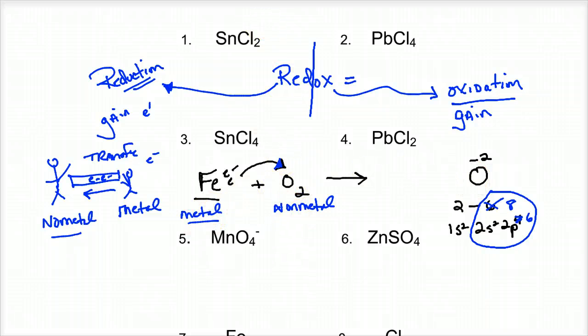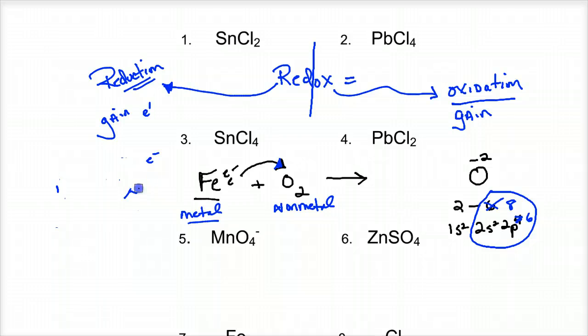But we're going to be more specific in terms of what we call this transfer. We're going to say that the loss of electrons by the metal is called oxidation, and the gaining of electrons we're going to say is reduction.